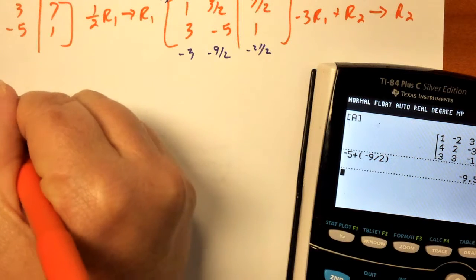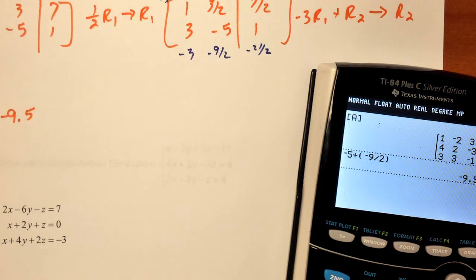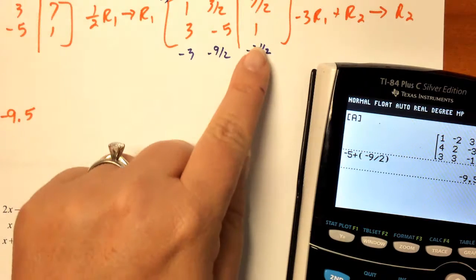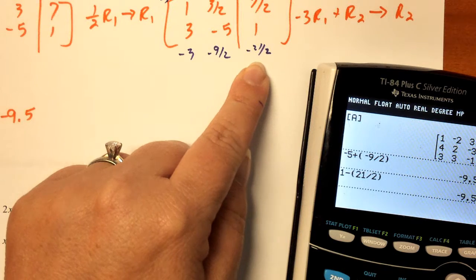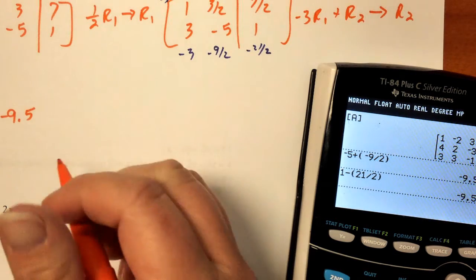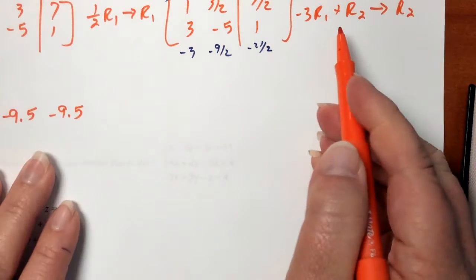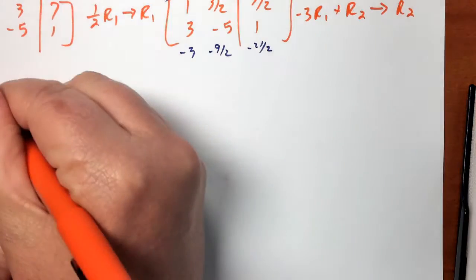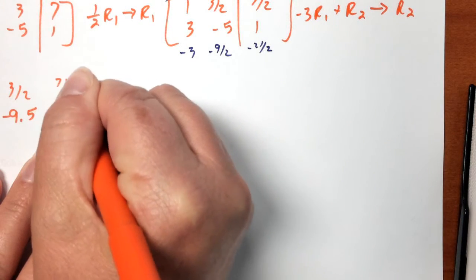So you could call it -9.5. You could call it -19/2 if you wanted. That'd be fine as well. And then 1 and -21/2 is also -9.5. Okay, that's our row 2. Our row 1 is going to stay as 1, 3/2, 7/2.